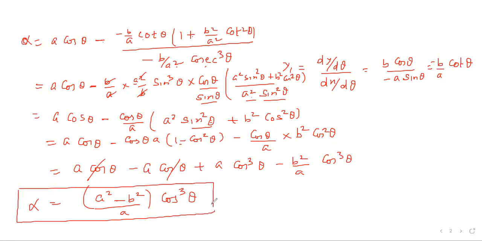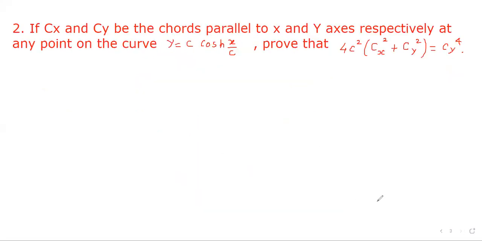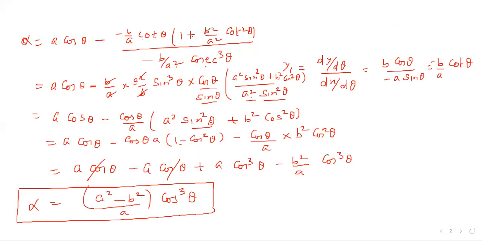Now we try to find out the value of beta. So for that, let's clear it. So beta is given by y plus (1 plus y1 square) divided by y2.